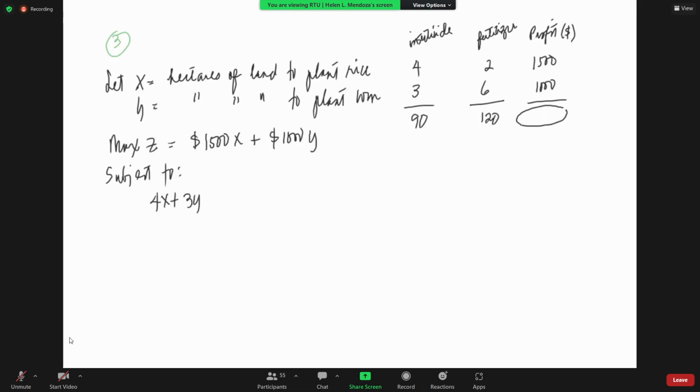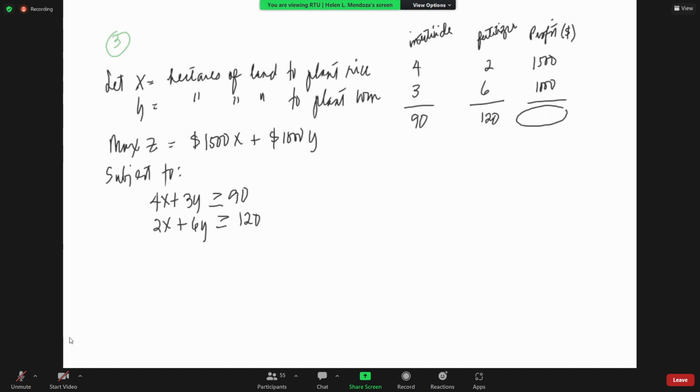So sabi niya, at least. So pag sinabing at least, greater than, no? Kasi base value yon o minimum value. Then you have 2x plus 6y. At least din ang ginamit sa 120. So this is greater than or equal to 120.